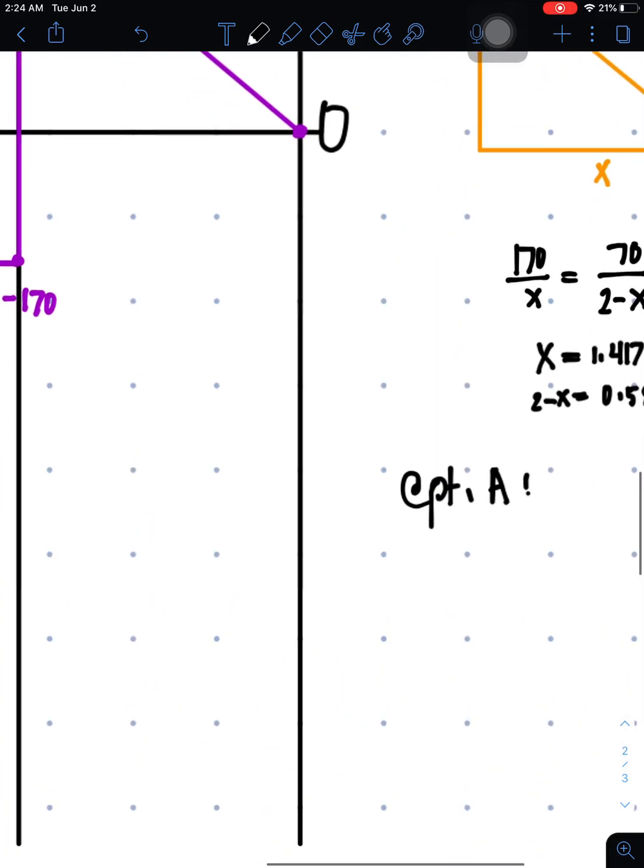So at point A, we start with MA, and that is equal to 0. Of course, you have to start at 0. Always. Remember that.